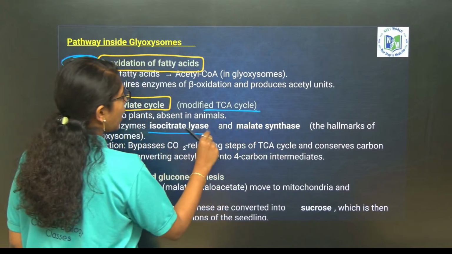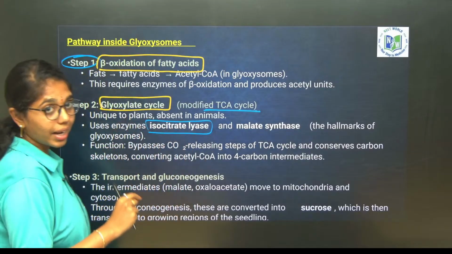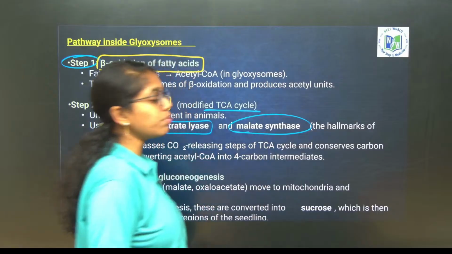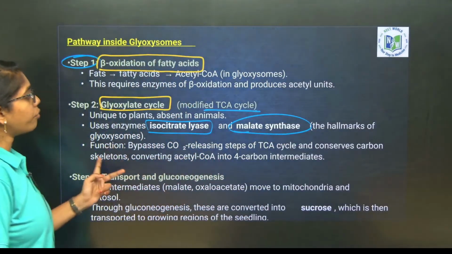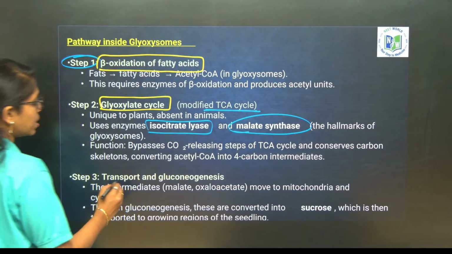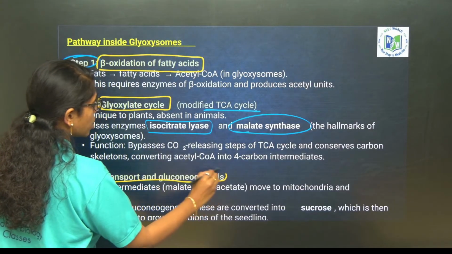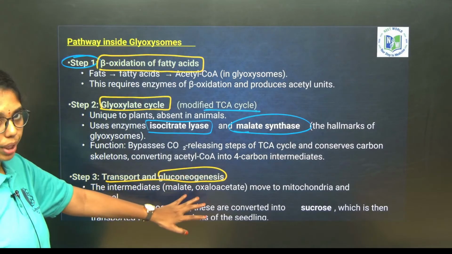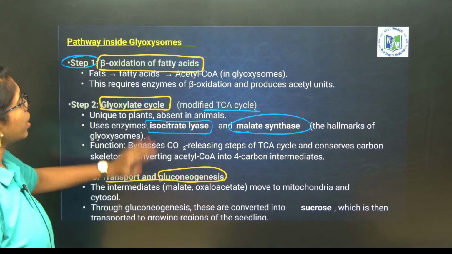In the midst you will have two enzymes, isocitrate lyase and malate synthase. These two enzymes will help in conversion of what? Easy conversion of fats into sugars. And third step is transport and operation of what? Gluconeogenesis. Gluconeogenesis is operated at the end. Let us look into one by one.